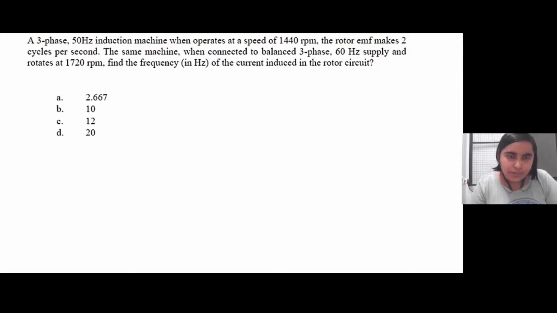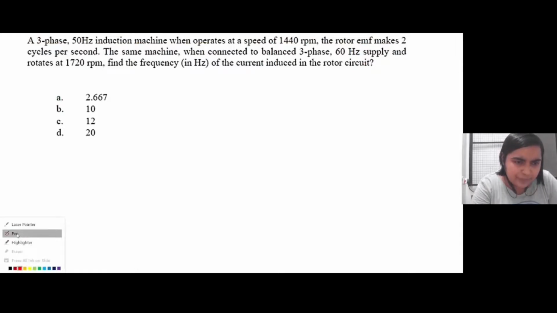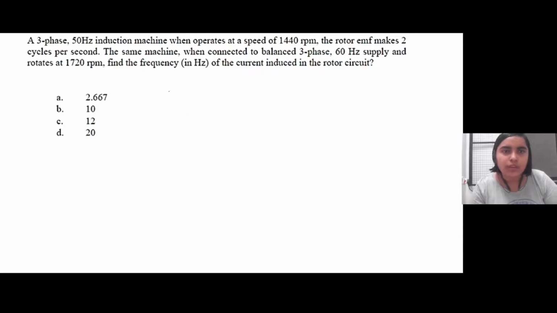For this next case, we have the supply frequency and the rotor speed, and we can calculate the slip from here, right?